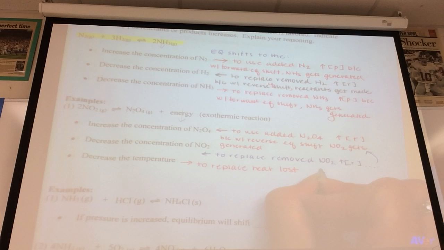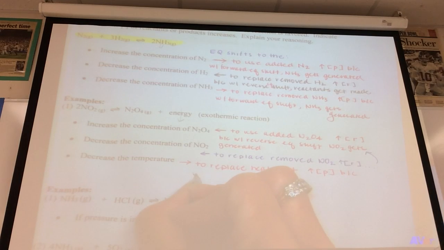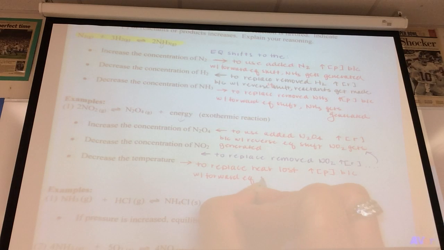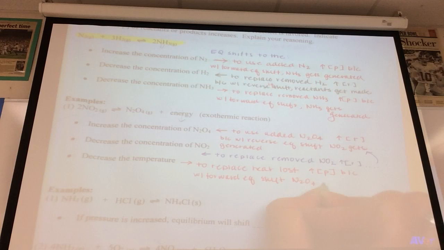And when we shift to the right, the concentration of product increases because with forward equilibrium shift, N2O4 gets generated.